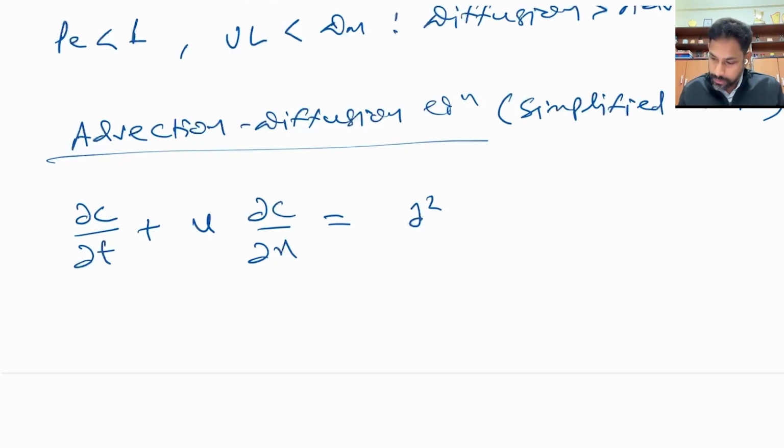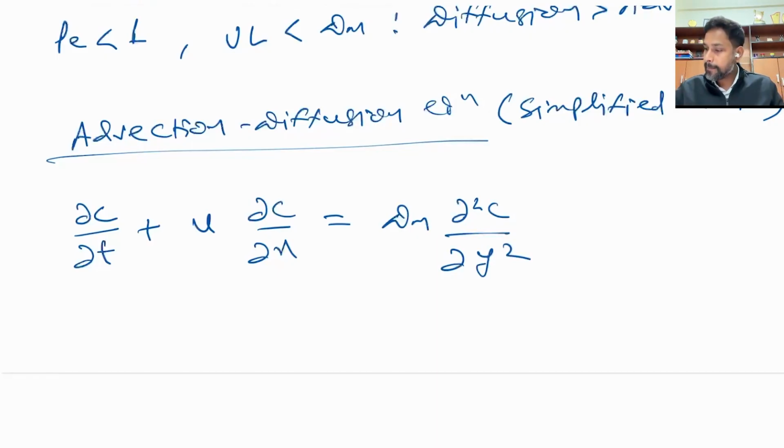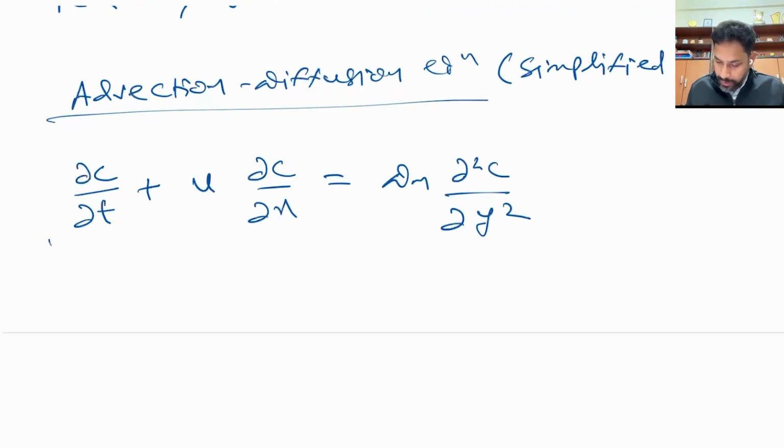So here there should be DM. Okay, so this is the advection diffusion equation where this is the unsteady or accumulation term.